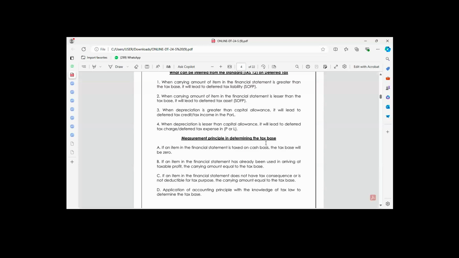Principle 2: if an item in the financial statement has already been used in arriving at taxable profit, the carrying amount equals the tax base.